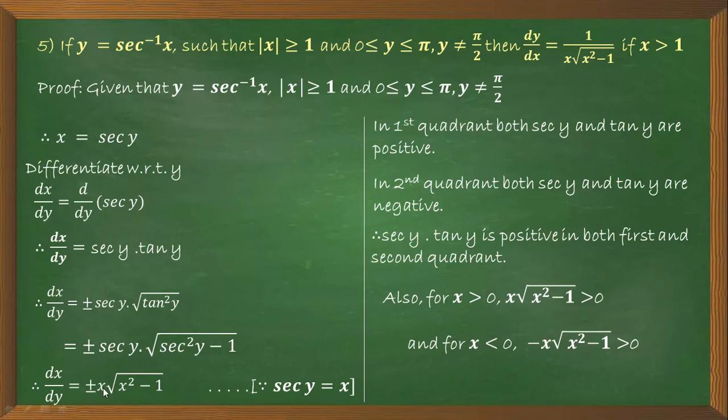Also if you take minus sign here, then when x is less than 0, it is also a positive quantity. Okay, so what will you get? dx by dy is equal to, if you write plus x into root of x square minus 1, when x greater than 0 or modulus of x greater than 1, that is x greater than 1, because the condition is given, that is modulus of x greater than 1, but here we take x greater than 1 for that case.